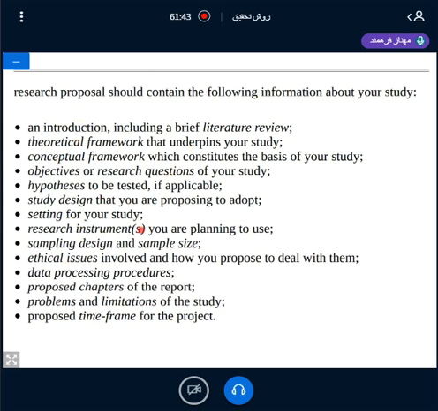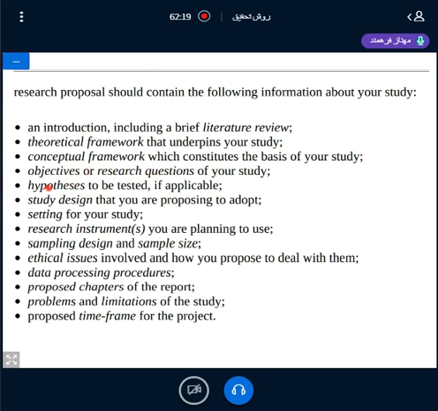These steps are needed for writing a proposal: an introduction, including a brief literature review, theoretical framework that underpins your study, conceptual framework which constitutes the basis of your study, objectives or research questions of your study.